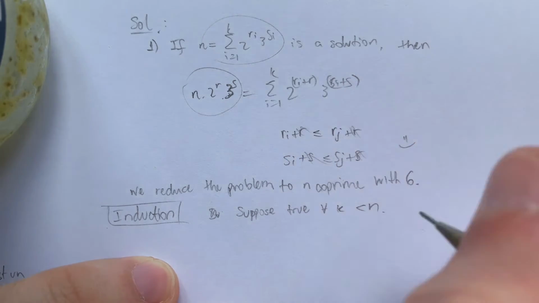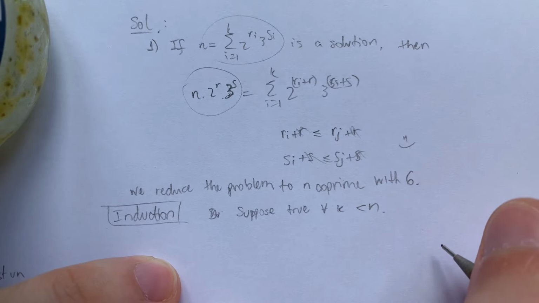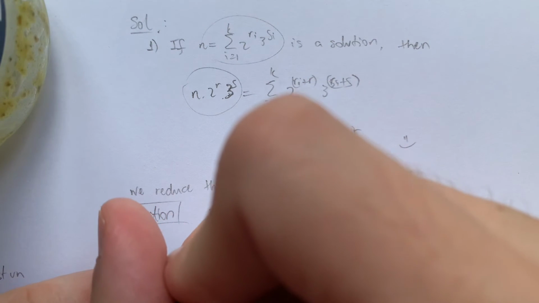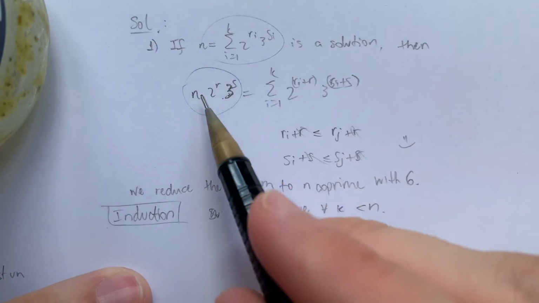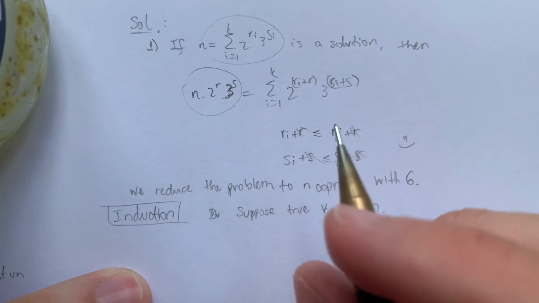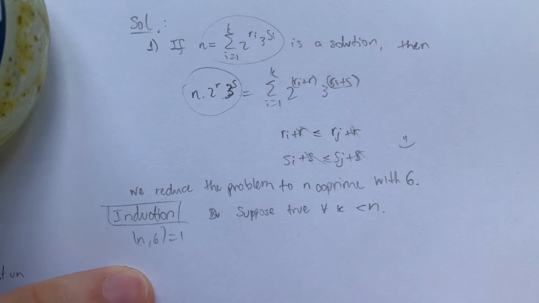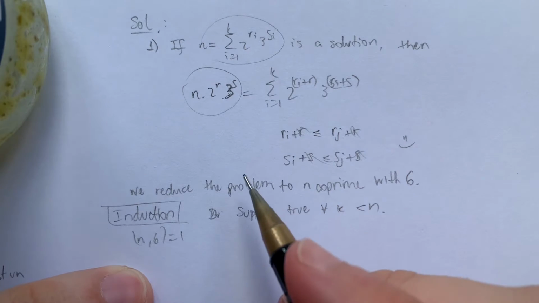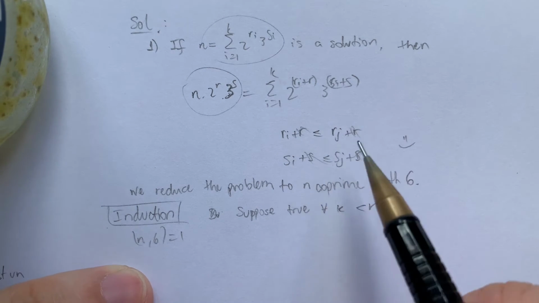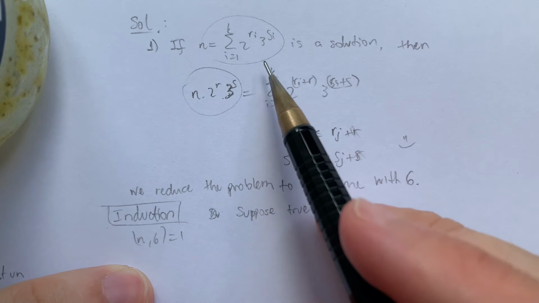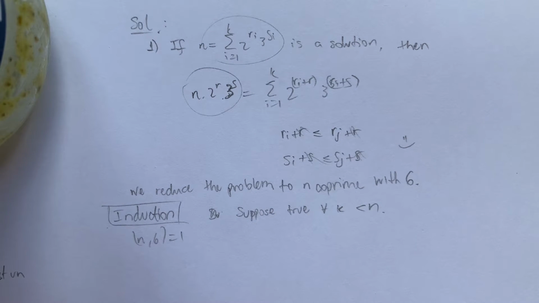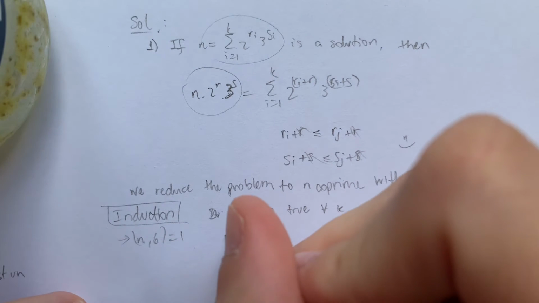By this observation, we can suppose that n is coprime to 6, because otherwise we could divide by 2 or by 3, take the solution for n over 2 or n over 3, and then multiply it back by 2 or 3 to get a solution for n.